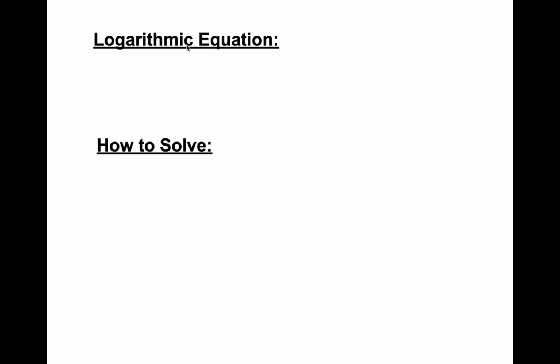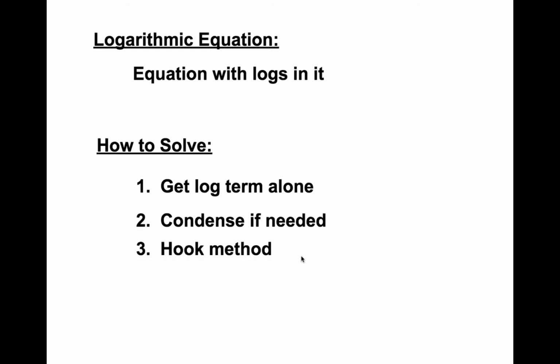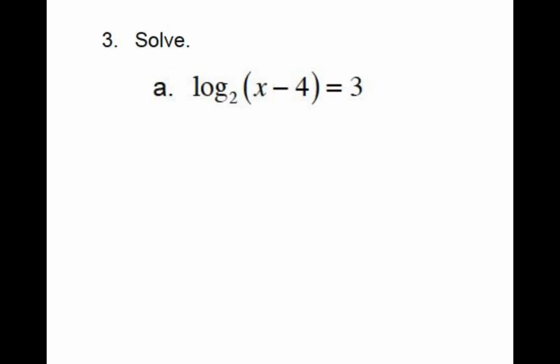All right, logarithmic equations. This is when you have equations with logs in it. To solve, step 1 is to get the term with the log alone. Then condense if needed, do the hook method, and then solve for x. In this case, we have the log in our equation.